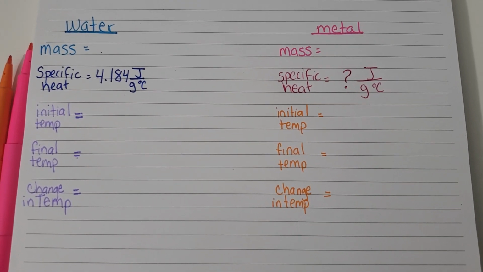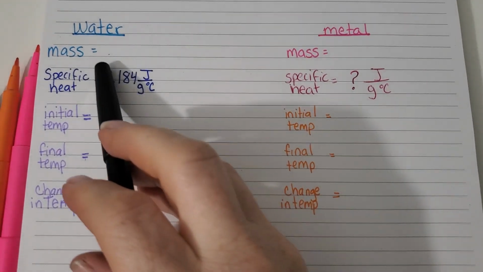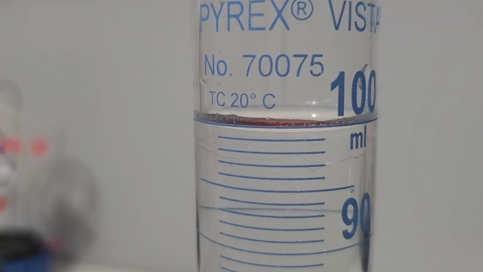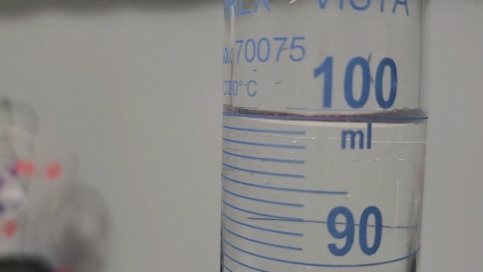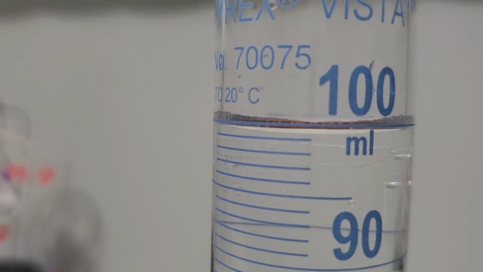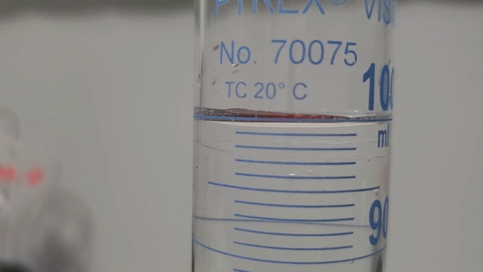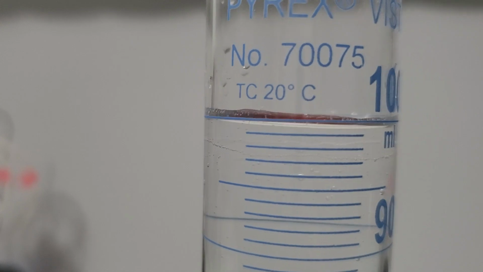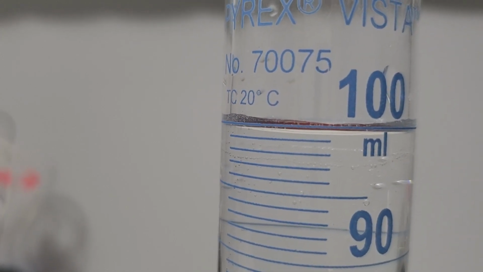Okay, now we can start filling in some information. So let's get our mass of our water. So I've filled it up in this graduated cylinder, and it looks like it is just below the 100 milliliter mark.